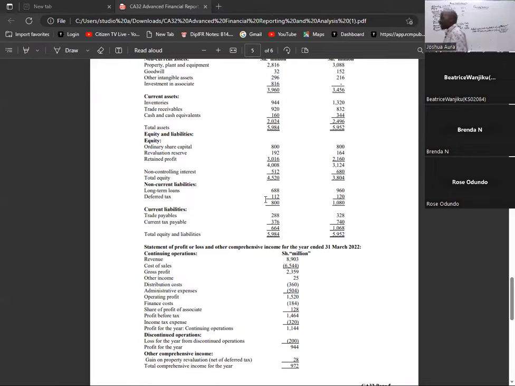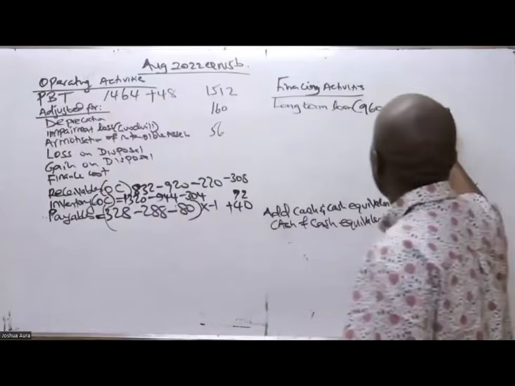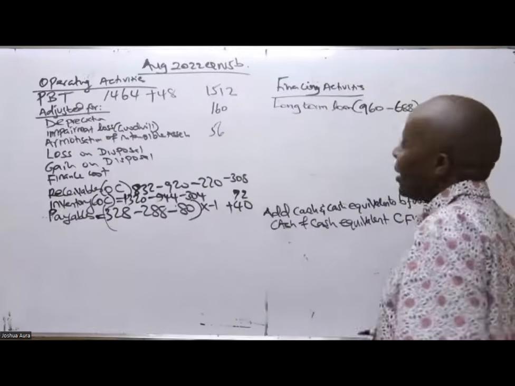I'll come and write the name long-term loan. We were at 960 opening minus closing of 688. Remember, this is a liability. There must be reversal of the sign. So times minus 1.